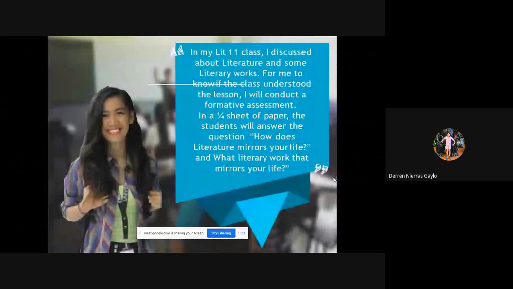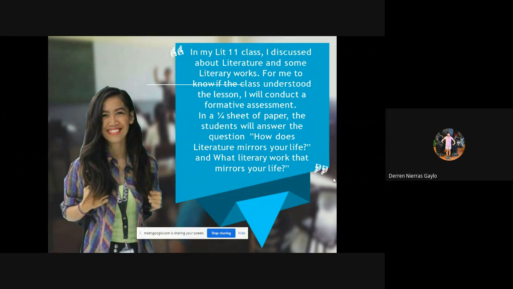This is an example. In my Literature 11 class, I discussed literature and some literary works. For me to know if the class understood the lesson, I will conduct a formative assessment. On a 1/4 sheet of paper, the students will answer the question, how does literature mirror your life?